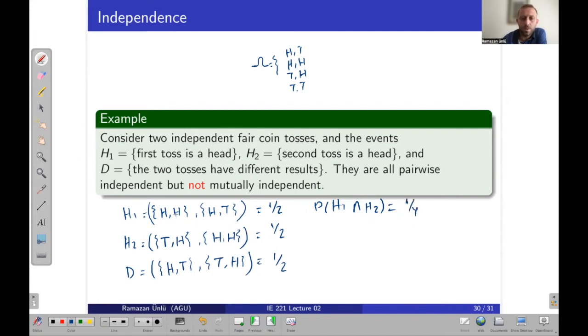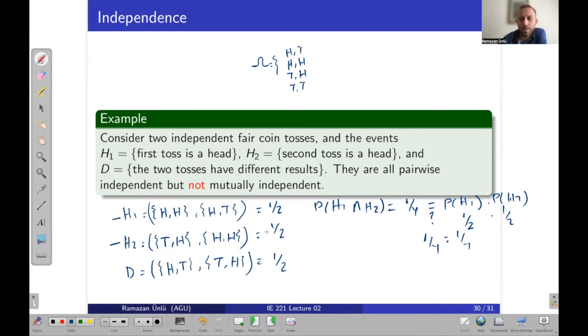There is only one pair out of 4. Is this equal to the probability of H1 times the probability of H2? That is 1/2 times 1/2. So yes, 1 over 4 equals 1 over 4, and we can say that H1 and H2 are pairwise independent.